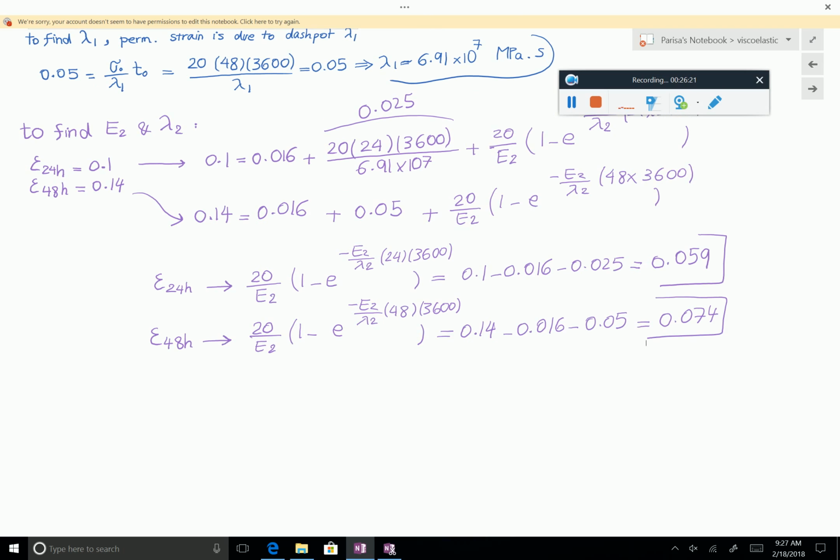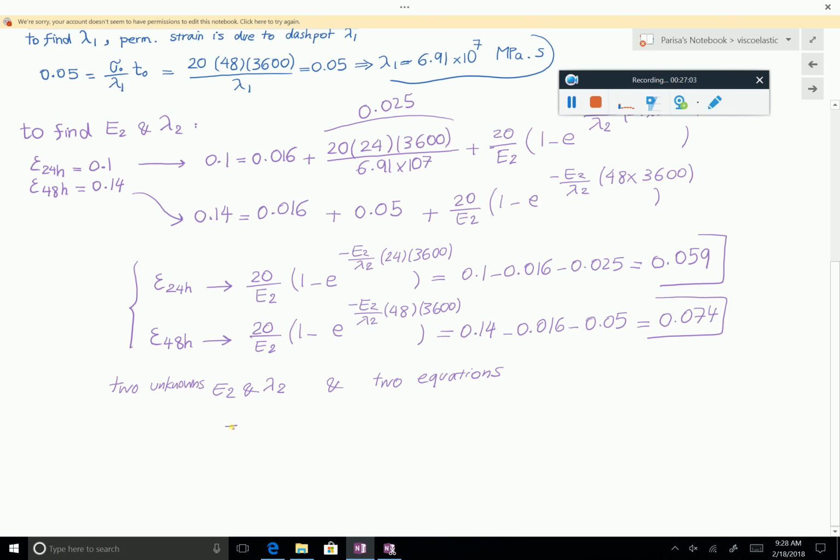So we have two unknowns, E2 and lambda 2, and we have two equations. So we can obtain the values.